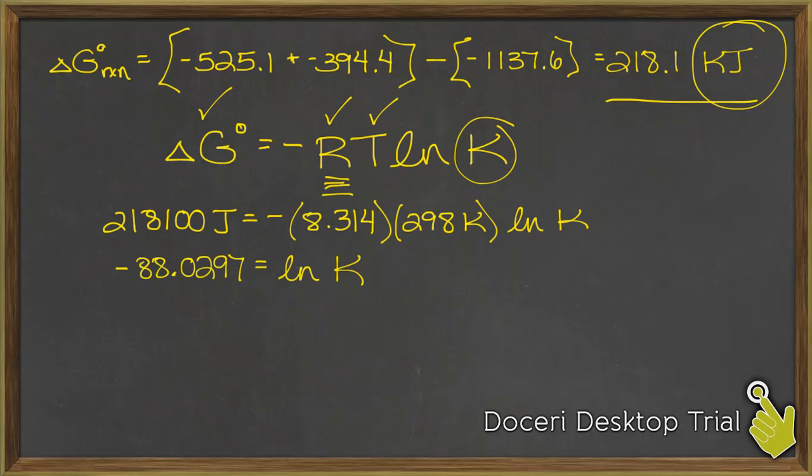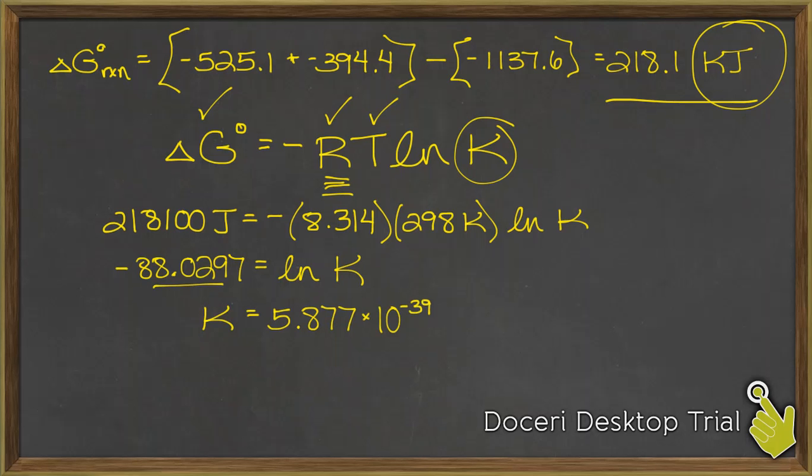Now remember the way to undo a natural log is to say e to the power of this number, and here's what I get for K. A very, very small number. Very small.